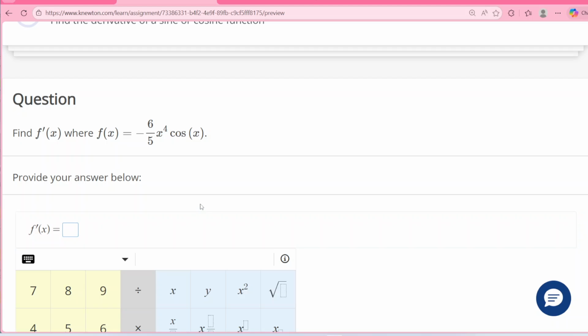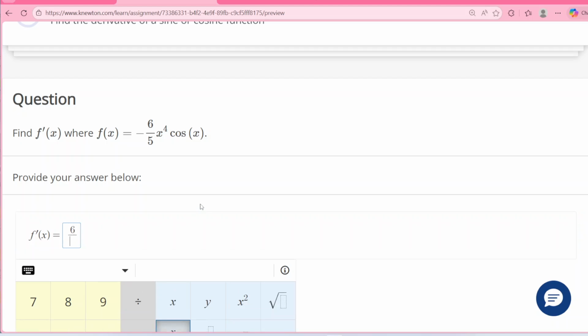So again, positive 6/5, because it was negative times negative, x to the fourth times the sine of x for the first term. And then minus 24/5, the coefficient of the next product, times x cubed times the cosine of x. And that should cut it.